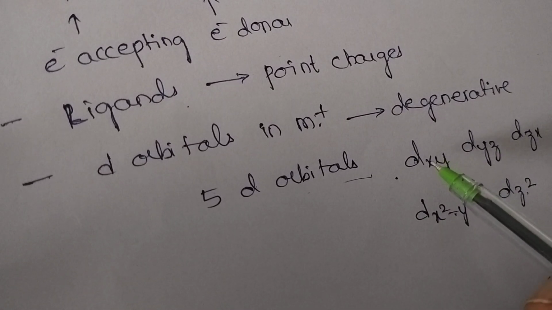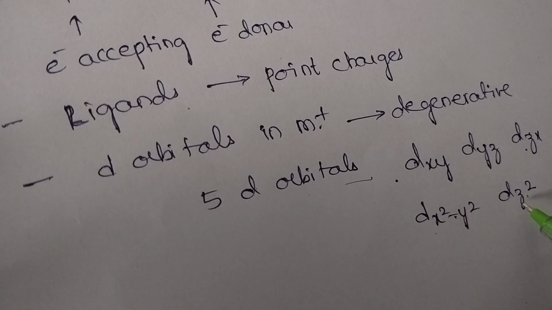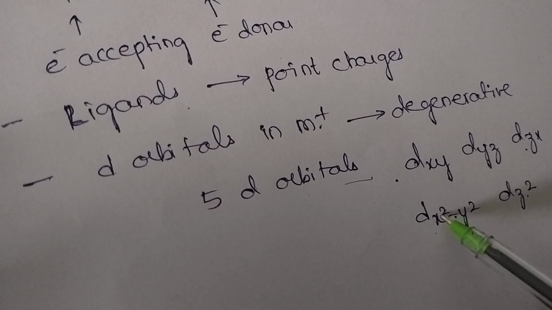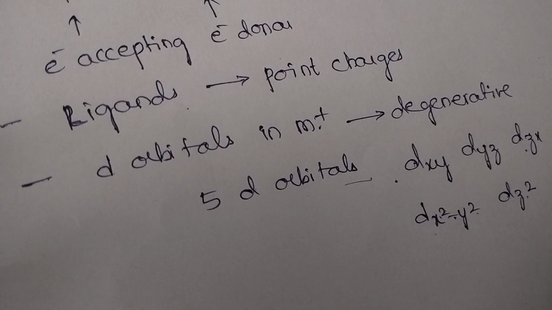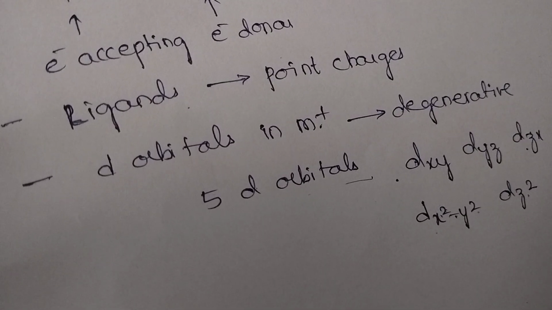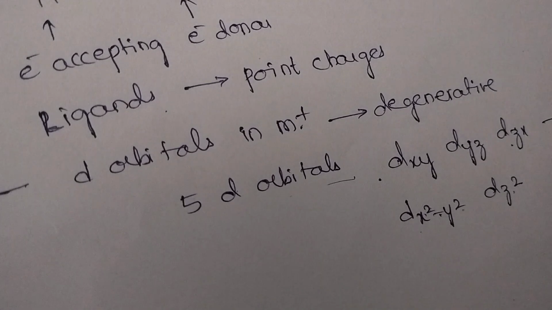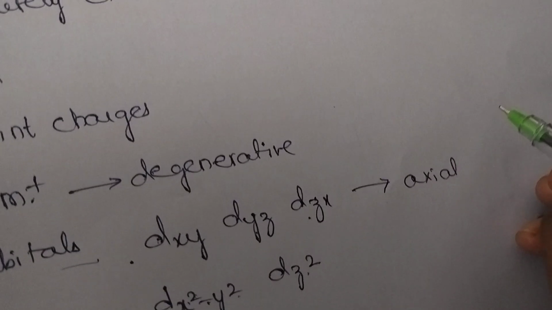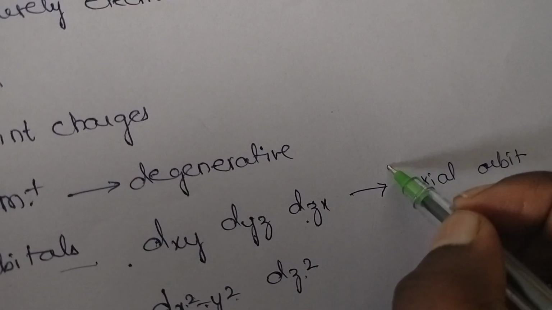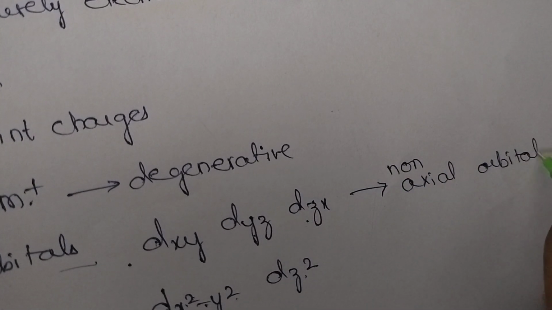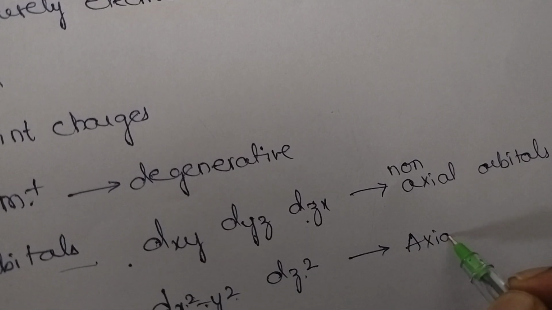The first three, dxy, dyz, and dxz, are considered non-axial orbitals, and these two, dx square minus y square and dz square, are considered axial orbitals.